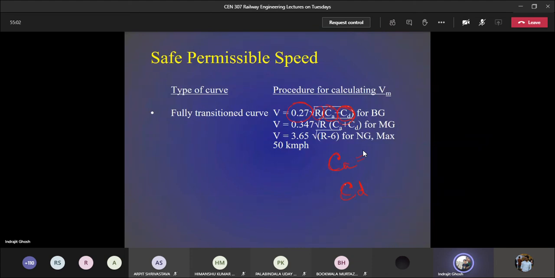Here also C stands for cant or super elevation. A stands for actual and D stands for deficiency. We'll be learning what those are. Actual is what you are actually providing at the site, and deficiency means what is the deficiency in the cant. We'll be seeing those.